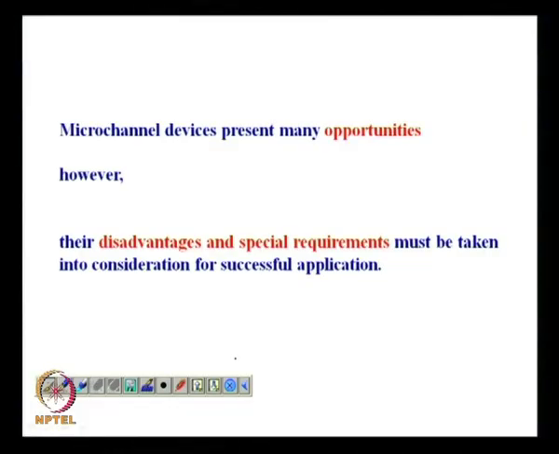There are fabrication issues which we are now familiar with. I think Professor Ganguly is also teaching you extensively on the different fabrication techniques. So, how do you fabricate, and not only fabricate, how do you make sure that you can have repeatability in fabrication as you move along, and how do you ensure that the fabricated microchannel is going to be very, very smooth.